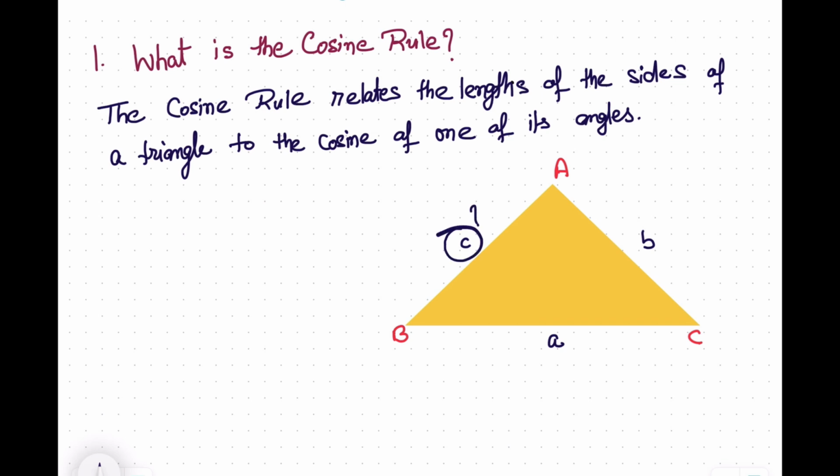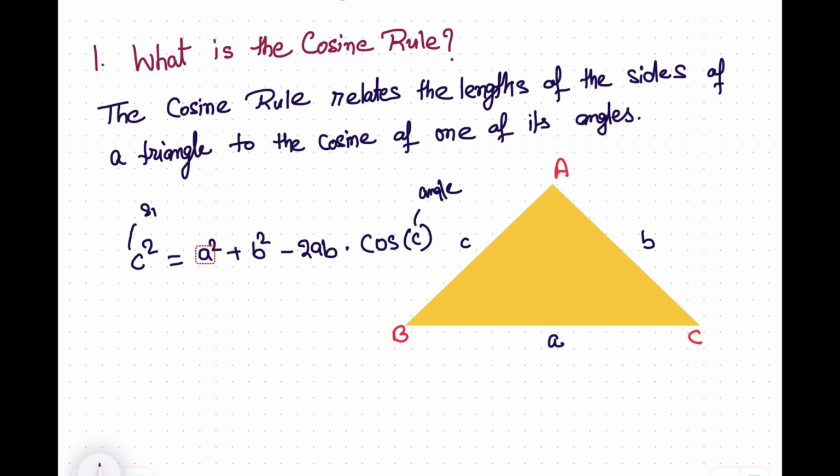So the formula we can write like this: c squared is equal to a squared plus b squared minus 2ab, dot means multiplication, cos C, that is the angle. This is the angle and this one is the side.